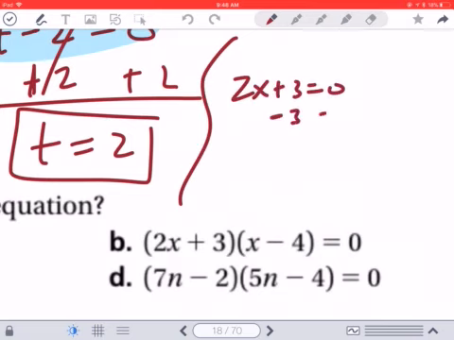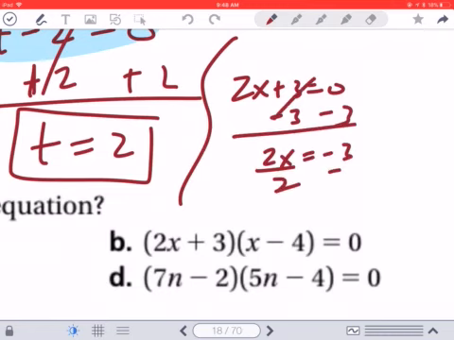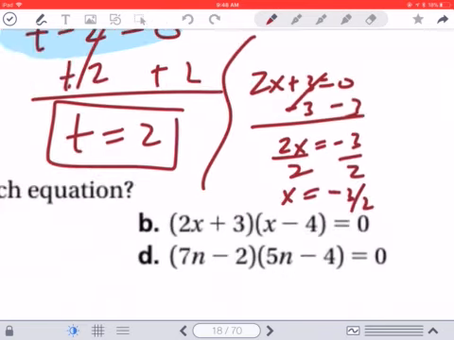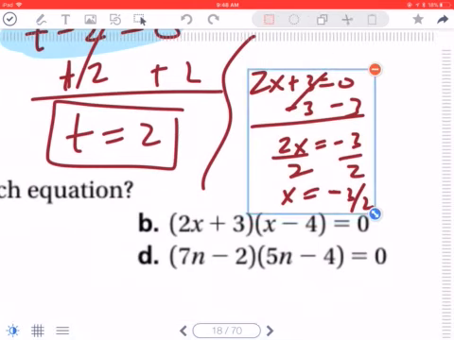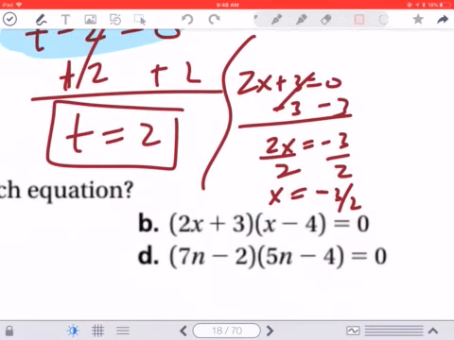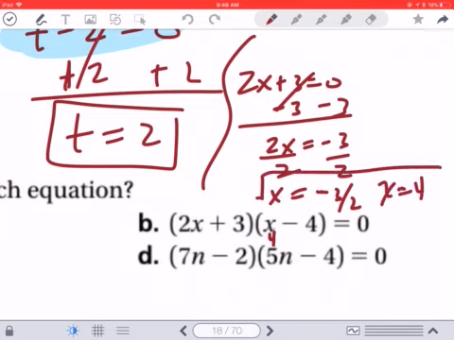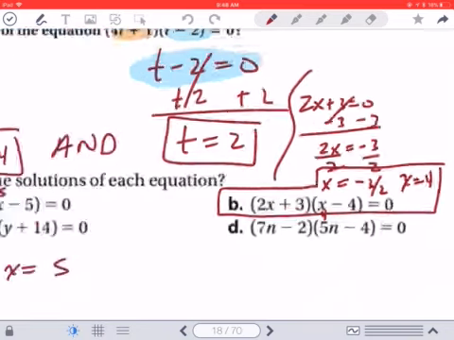Subtract 3, so 2x equals negative 3, divide by 2. So x could be negative 3 over 2, or x could be equal to 4 if I plug in 4 right here. So that would be the solution for B.